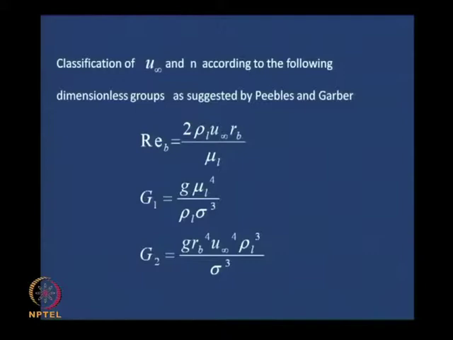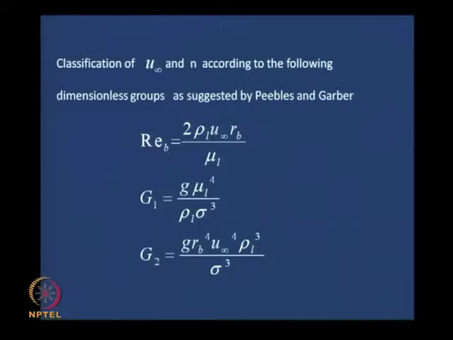G2 is also a property group which incorporates the equivalent bubble radius as well as the bubble rise velocity in an infinite medium. All these things are available in the book of Wallis. You can refer to it.